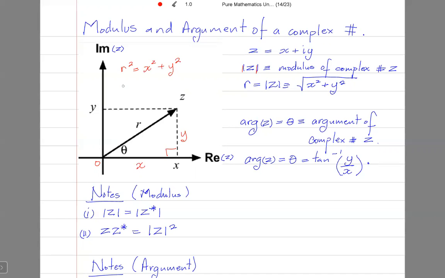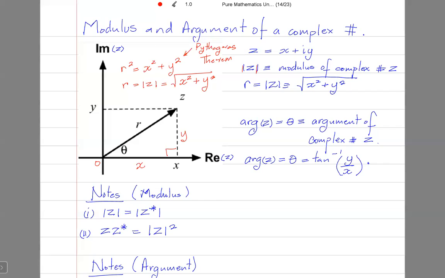So r, the modulus of z, would be equal to the square root of x squared plus y squared. All right, that is how you determine the modulus.